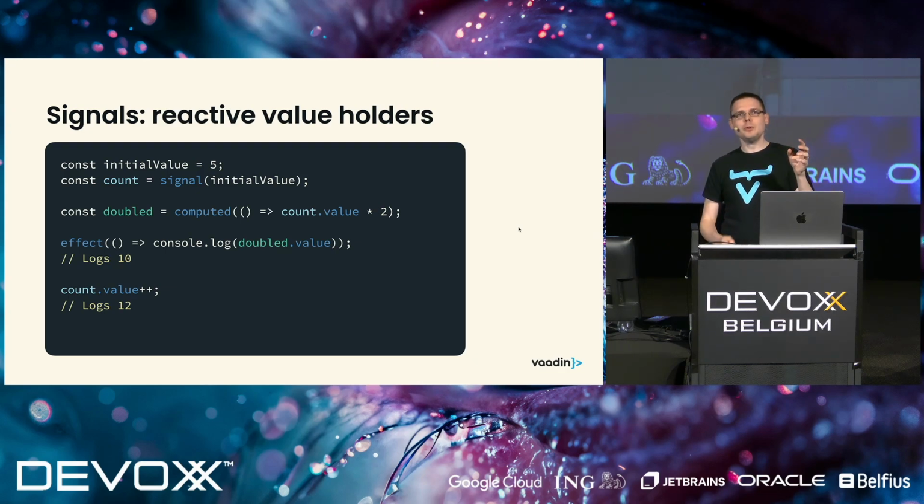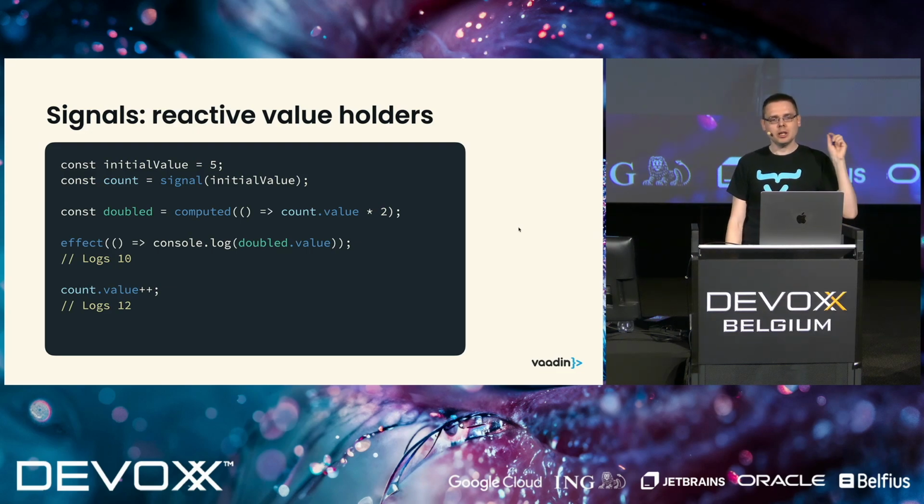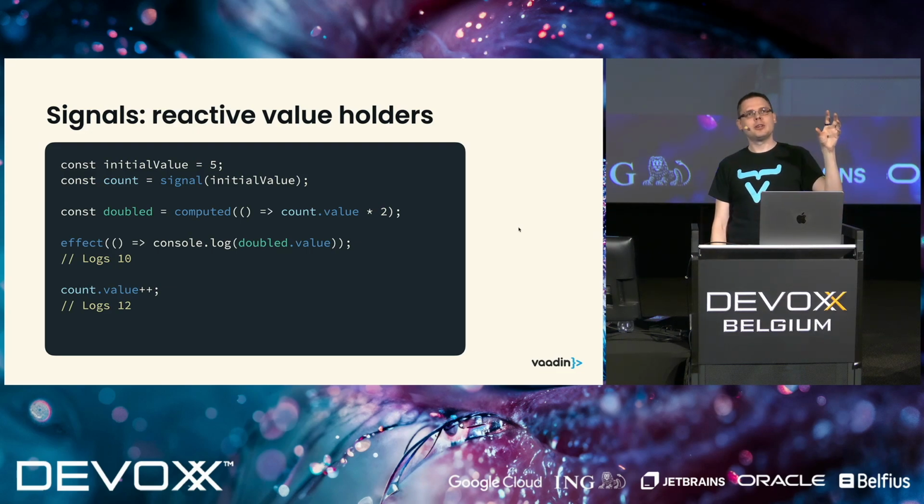That one is also run with kind of tracking dependencies. That one reads the count signal, so it gets a dependency on that one. And then when we change the value in that count signal, what happens is that it's invalidated, and all its dependencies are invalidated, which means that, well, then the double signal is also invalidated.